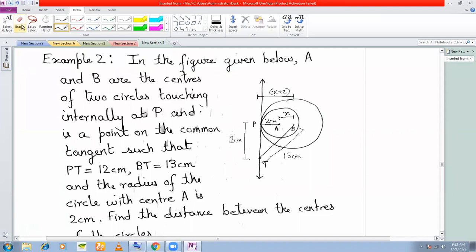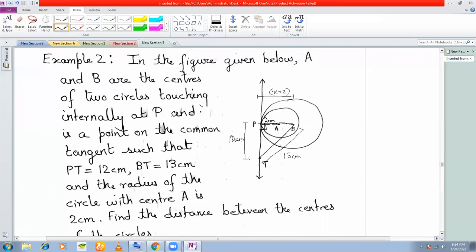Now you see, because we know all this, this distance here is x plus 2. This distance here is 2 centimeters. Now you see that the radius is perpendicular to the tangent.